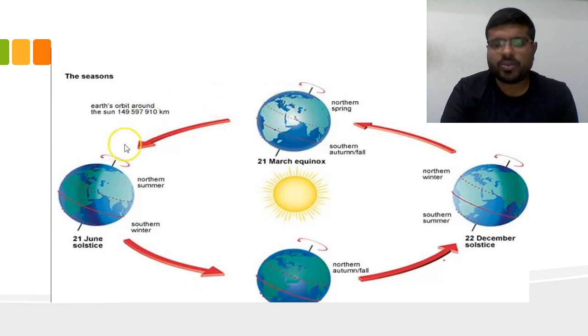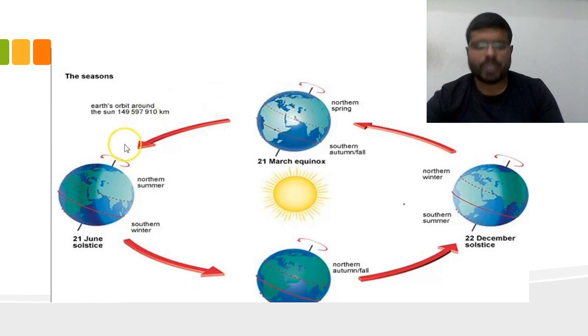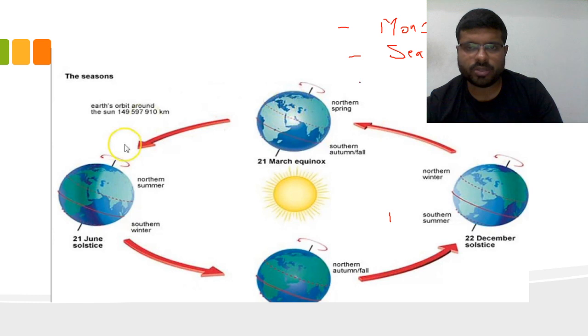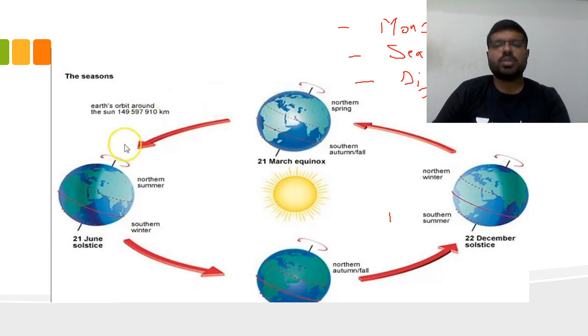The significance of equinoxes and solstices is very, very important for so many geographical concepts. For example, if you wanted to understand topics like monsoons, how seasons vary across the world, and why different areas have different climatic characteristics, equinoxes and solstices are the most important concept.